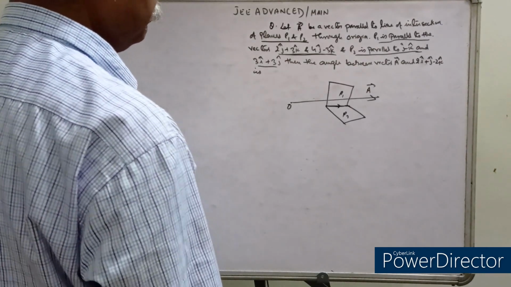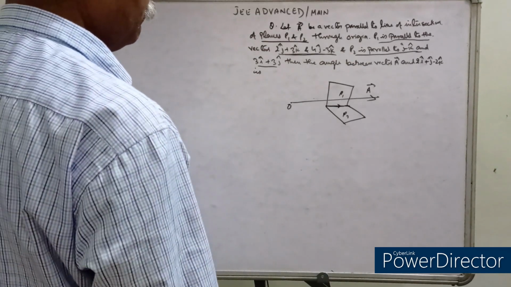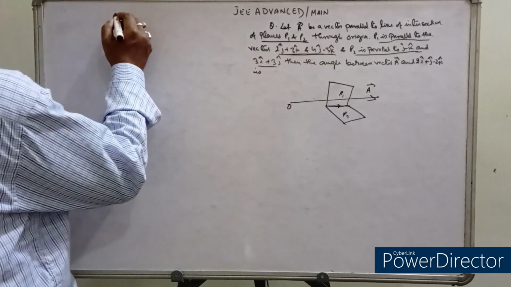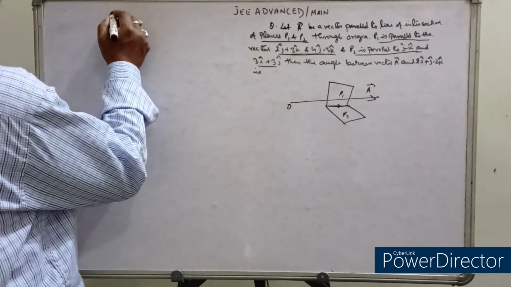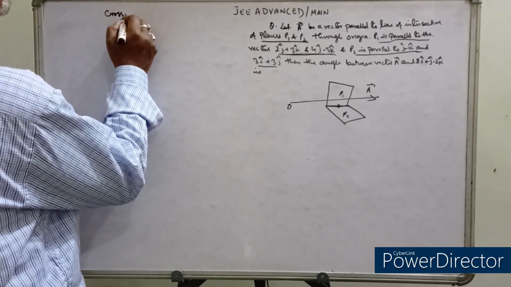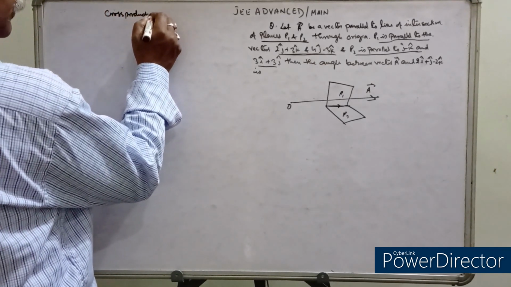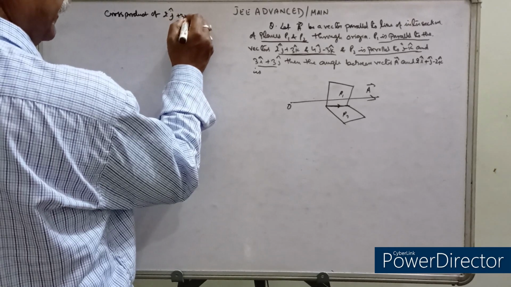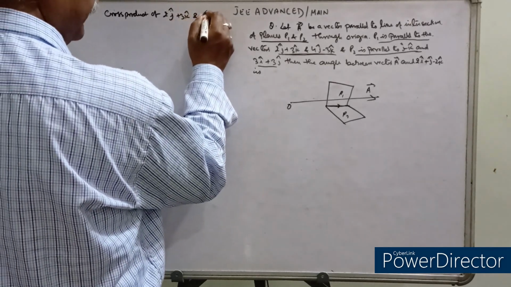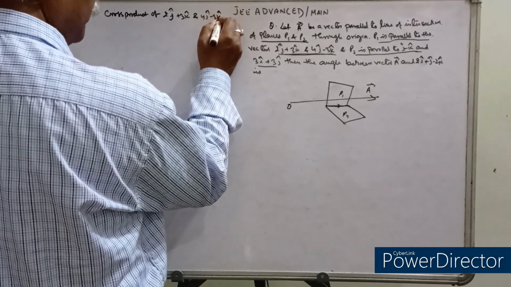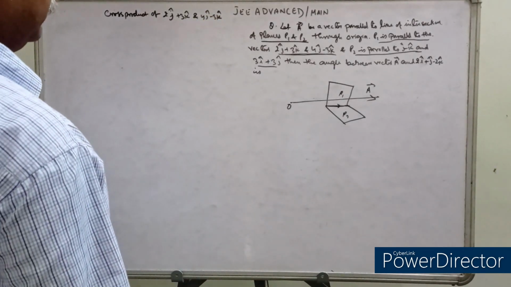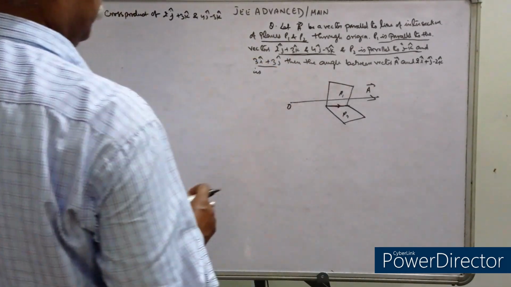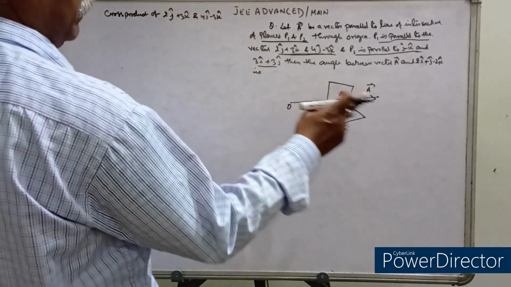So here, if we take the cross product of these two vectors, that is 2j cap plus 3k cap and 4j cap minus 3k cap, then that vector will be perpendicular to the plane P1.